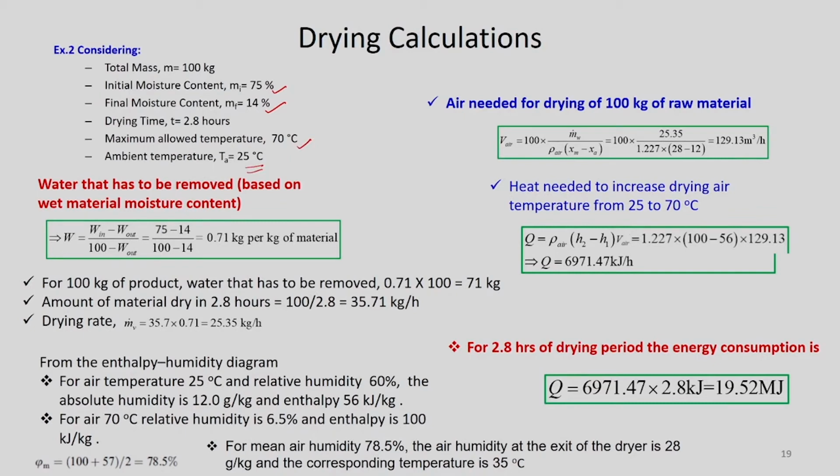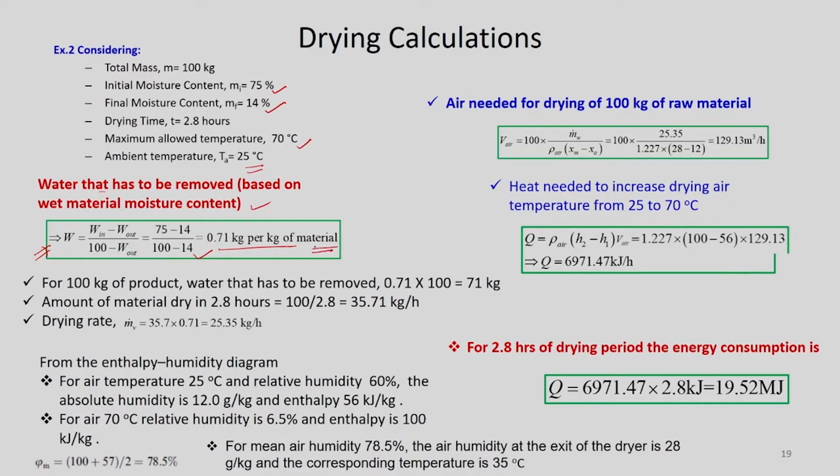So, now the first step is to calculate the water removal. The water that has to be removed is based on the wet material moisture content, which is known by us. W is equal to W in minus W out, then 100 minus W out is something like this, 0.71 kg per kg of material.